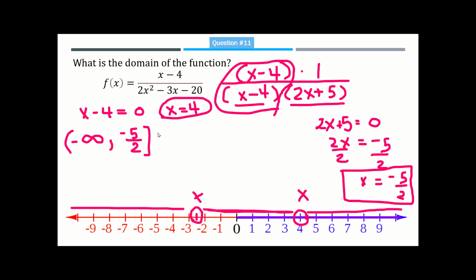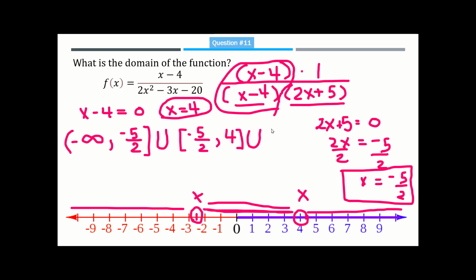All right, we're going to unite that. We're going to have a union with this area here. And that's going to be, do not include negative 5/2. And then we're going to go to 4, and we're not going to include 4. X cannot be negative 5/2 or 4.